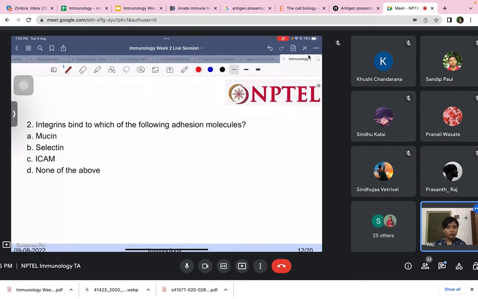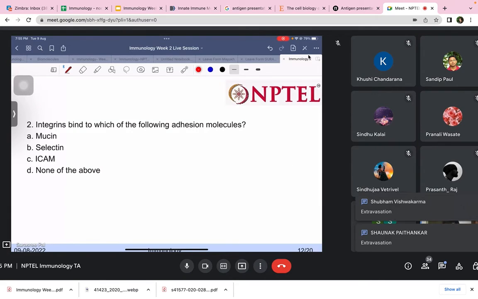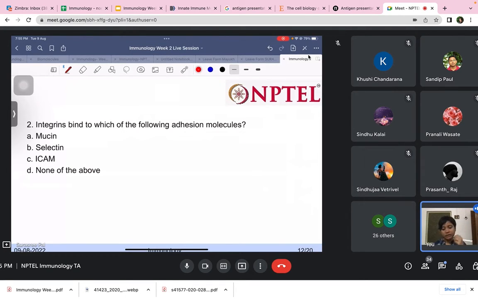Can someone bring this context here? Extravasation, right, very good. The integrins are present on the neutrophils, whereas the cell adhesion molecules are present on the HEV cells, and the cell adhesion molecule which binds to integrins is ICAM.